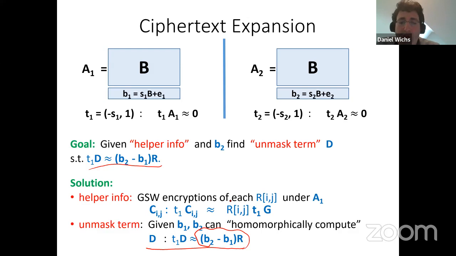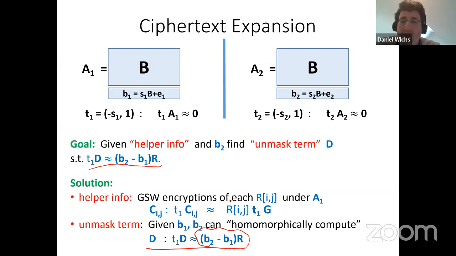Where B2 does come in is that once you have the helper info, you want to use it to take this encryption under party one's key and expand it into this expanded ciphertext. At that point, you do know the identity of party two.